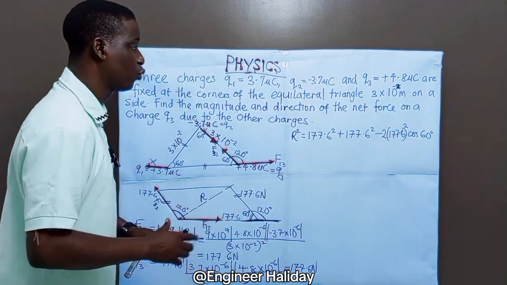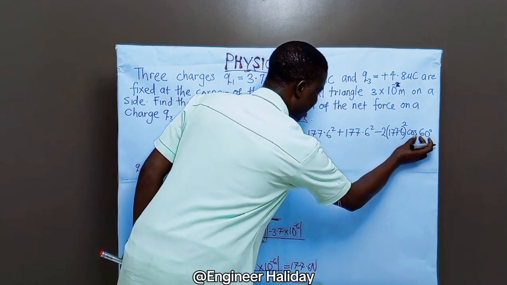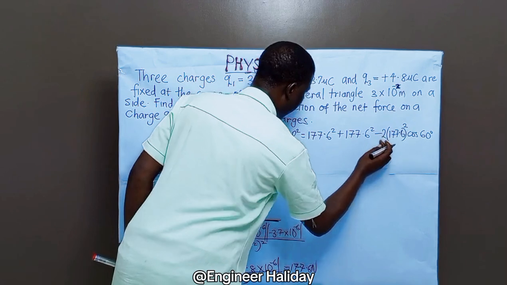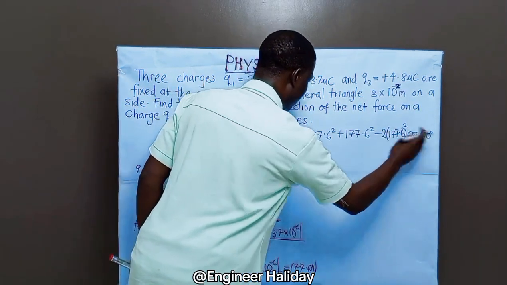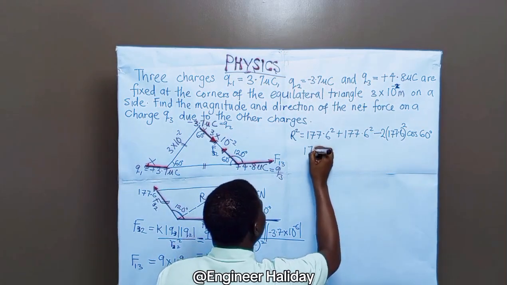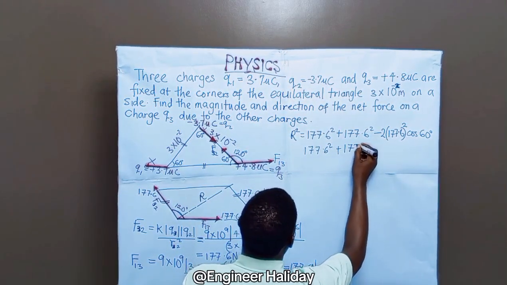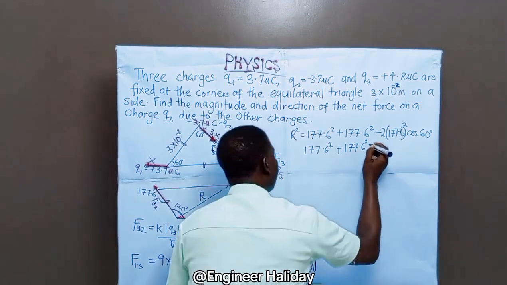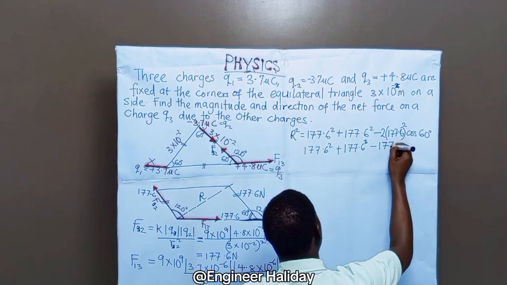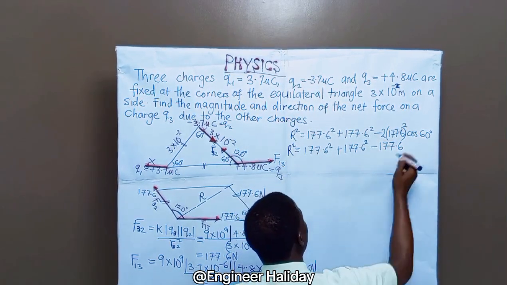Now, if you do that, cos 60 degrees will give us 0.5, 0.5 times 2 will give us 1. Then we have 177.6 squared plus 177.6 squared minus 177.6 squared equals r squared.